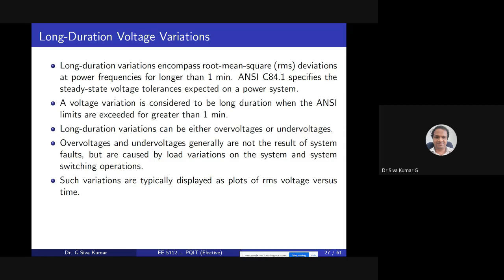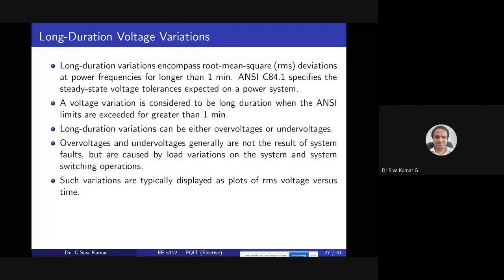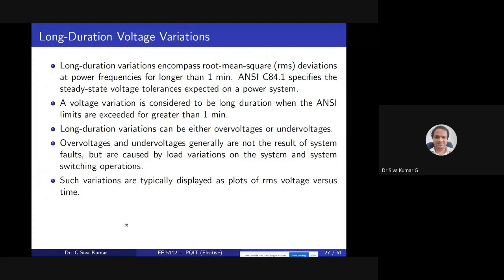I mean, you can consider it as voltage variations. Coming back, what are long duration voltage variations? If the RMS voltage varies at power frequency, the fundamental frequency, for longer than 1 minute.